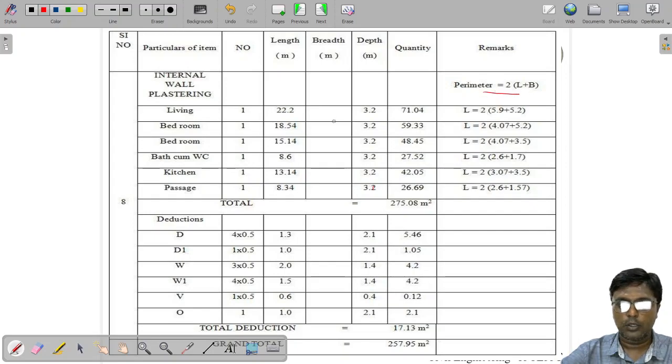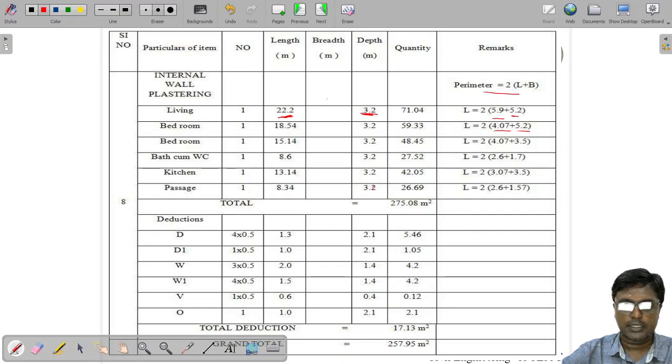So for the living room, directly take the dimensions and put them here: 5.9, 5.2, 4.07, 5.2. So this is the formula for perimeter. That is how we will get the length, and 3.2 they have given as the height, from floor level to roof level. So we are using that.